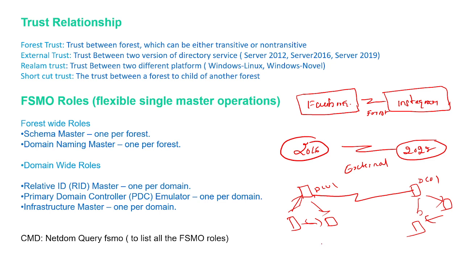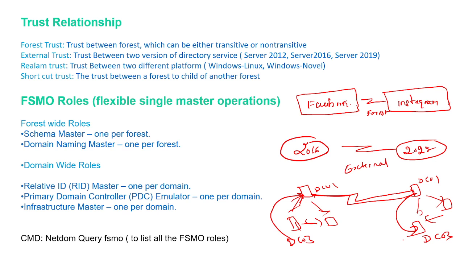If, for example, DC03 here needs to communicate with DC03 of Hyderabad, it cannot directly talk. It will go and ask DC01, and DC01 will talk to the DC01 of Hyderabad, and then this will establish the connection with DC03 of the Hyderabad location. So that is called a shortcut trust.